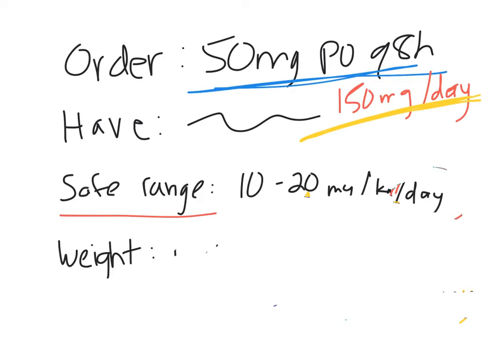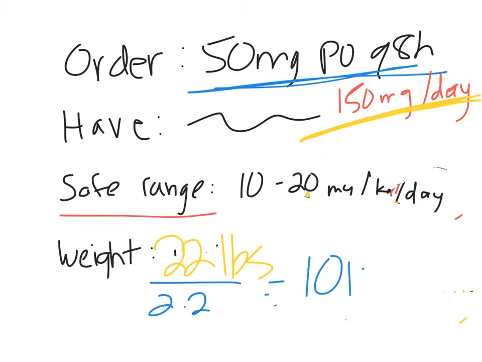We just have a different patient. Let's say we have a patient who weighs 22 pounds. Again, to figure out what they weigh in kilograms, we divide that by 2.2. That means we have a patient who weighs 10 kilograms. For this patient who's a little bit larger, we multiply by both sides of that range to see what's safe for them.